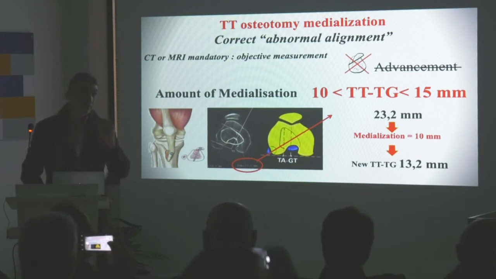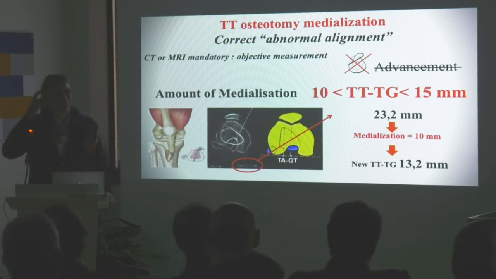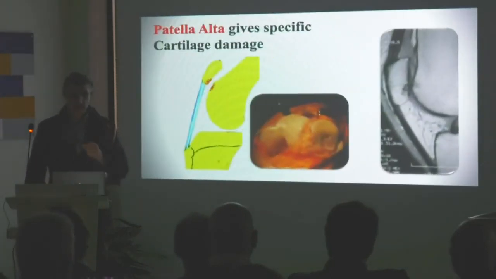Advancement means nothing. It doesn't work. The Maquet procedure, I can say that because we are not in the US, is very bad surgery for me. Probably because Maquet didn't know the difference between pain and instability. He was doing that for everybody, saying it's okay, I will correct maybe things. So no advancement, please.